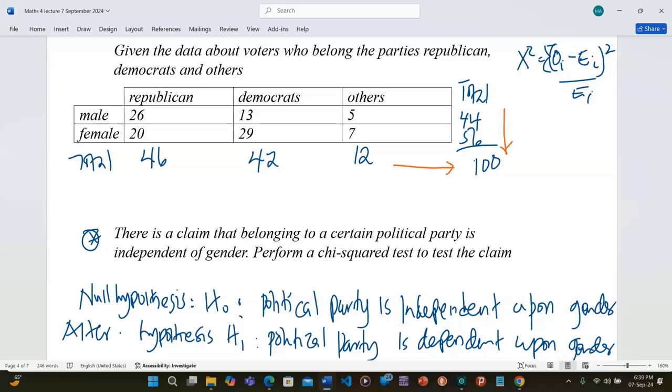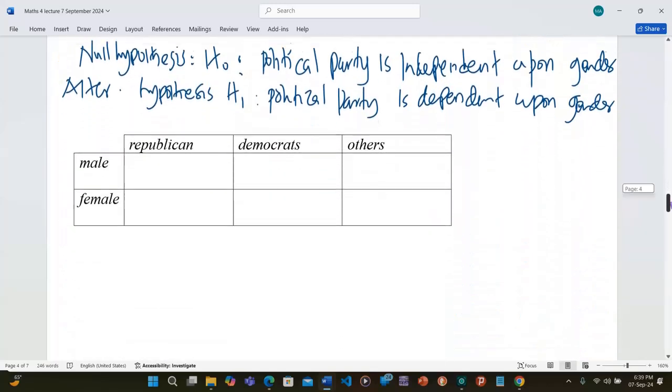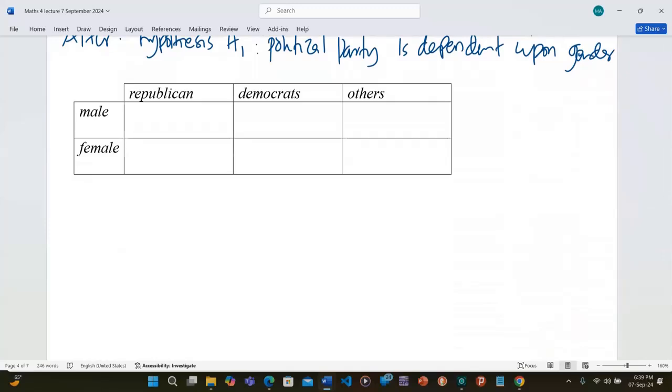So let's go ahead and look for, these are the observed values. So we need to look for what we call expected values. Since we have males, we have female, we have a number of rows and columns, so we shall also create the expected values table of the same.